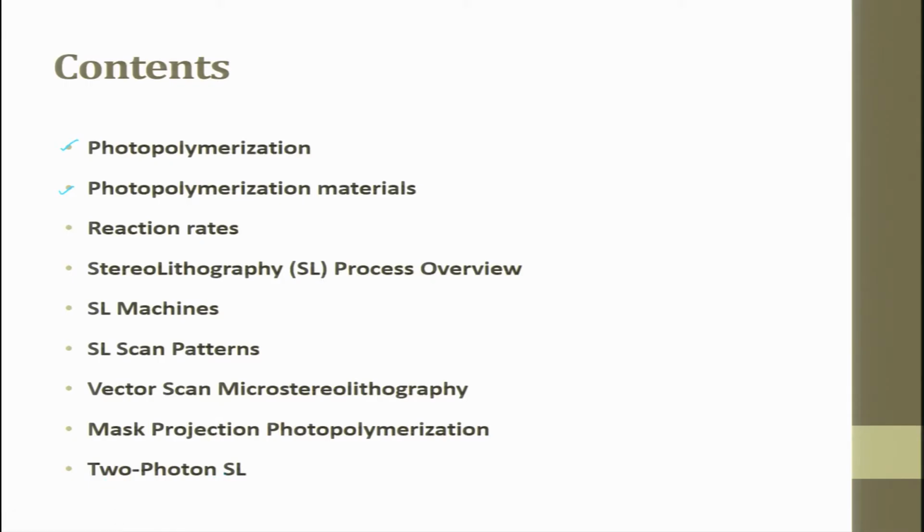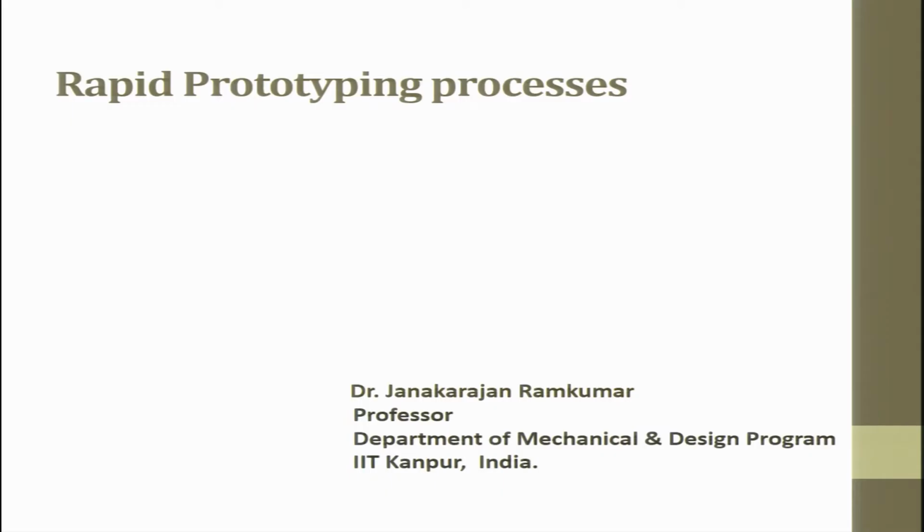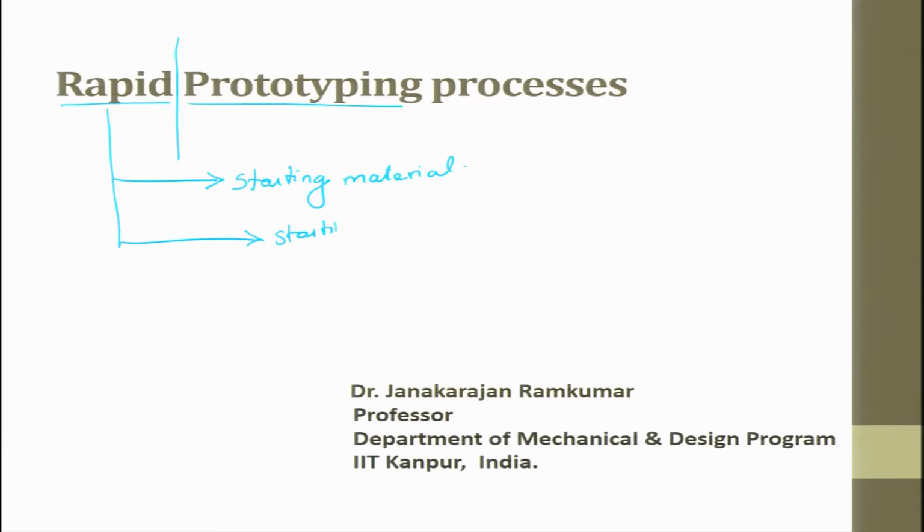When we talk about rapid prototyping, it is very clear that you are supposed to rapidly make prototypes. So, when you are rapidly supposed to make prototypes, it primarily depends upon what your starting material is. And the next thing is, what is your starting form of material.